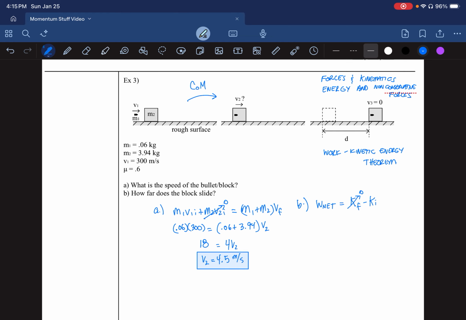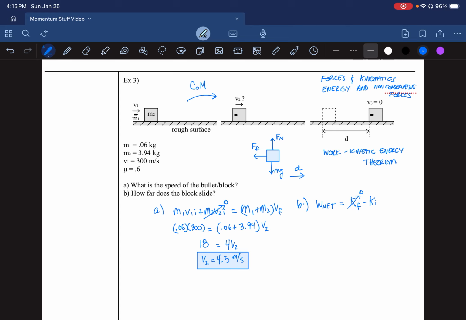Well, if we drew a free body diagram, which I guess I could do, there's mg, there's Fn, and since the thing is sliding this way, d, there's a friction force there. And so the only work being done is by friction, and so that is the net work. So W net is equal to the work done by friction.